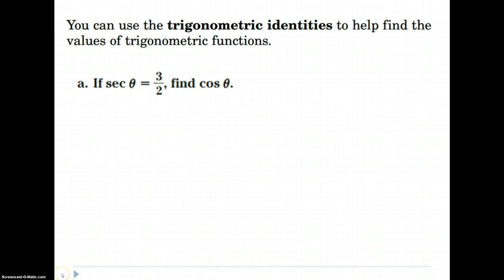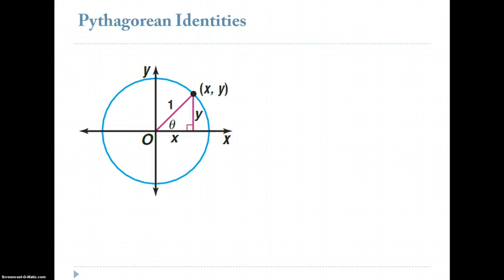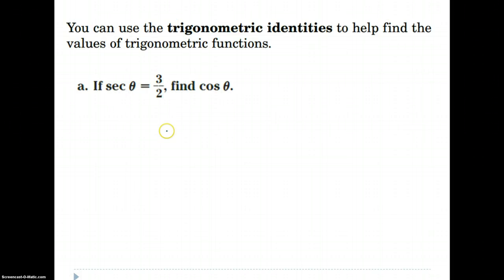So one of the things that trigonometric identities can be helpful for is if we know one value of ratios, we can use that to find other values of ratios. So let's take a look at a problem like this. The secant of theta is equal to 3/2.